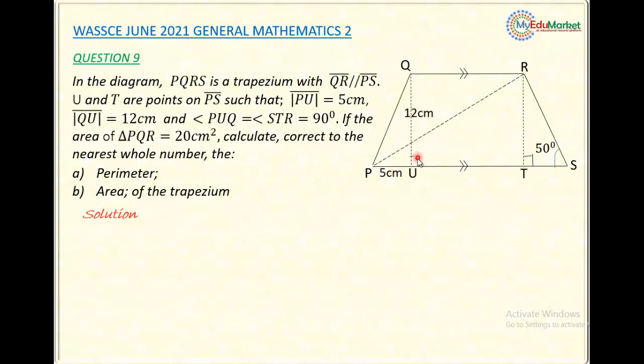This is 12, this is 5, and this triangle is a right angle triangle.